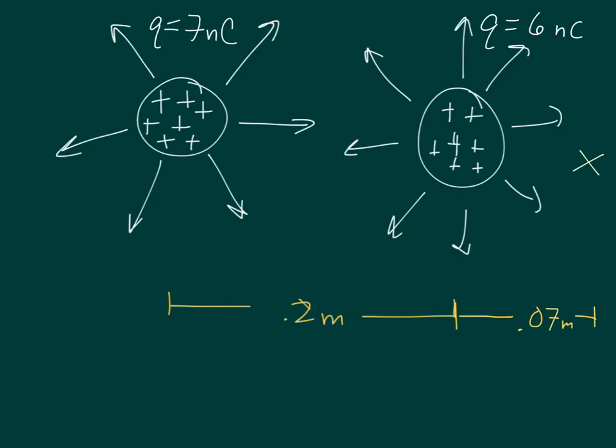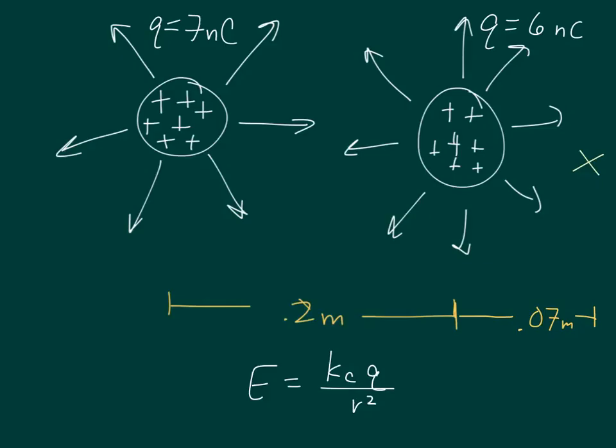So if we want to figure out what the electric field intensity is here, not the force felt, but the electric field intensity, what is our formula for this? Katie? Okay, E equals kQ over r squared.